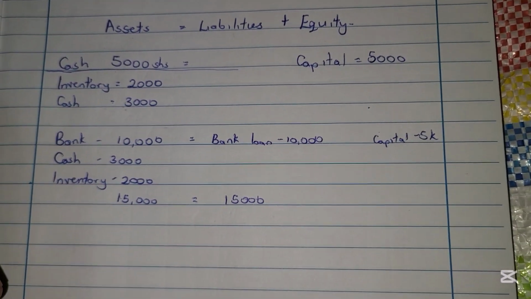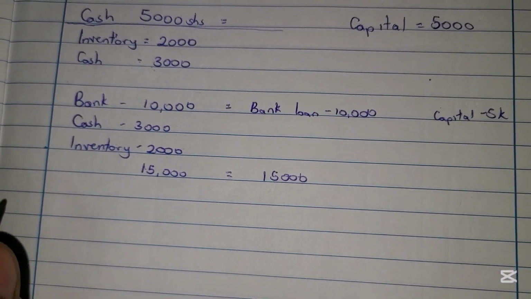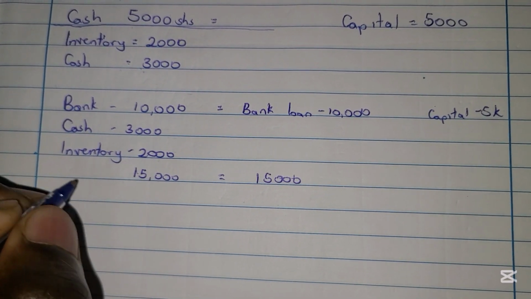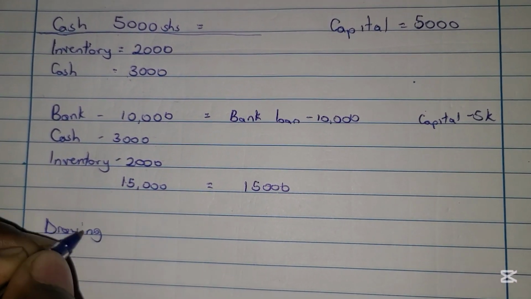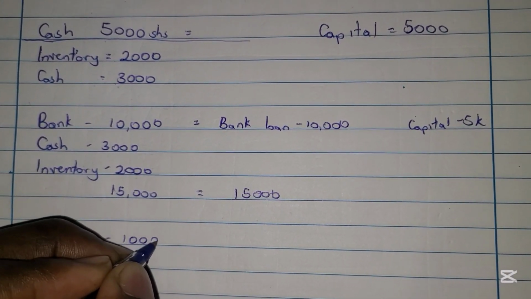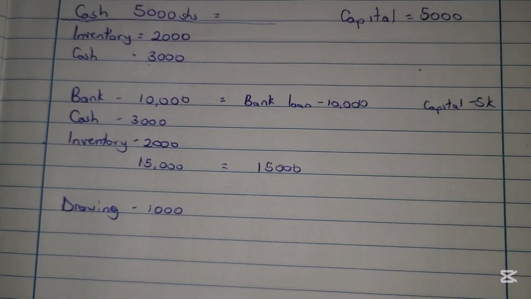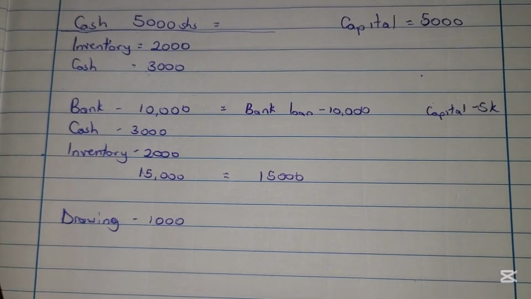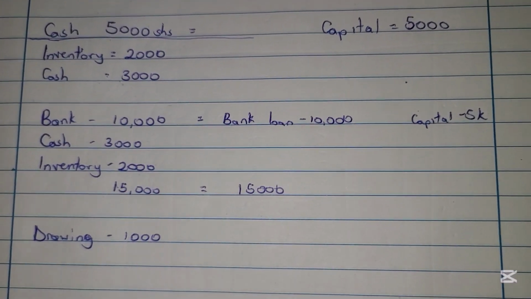Let me also indicate the drawings. Now your business has 10,000 at the bank in the previous transactions, and you withdraw money from the business for personal use. Let's say you had a drawing of 1,000. That drawing, you do not record on the asset side. However, you subtract the money from where you got it. You withdrew 1,000 from the bank for personal use.